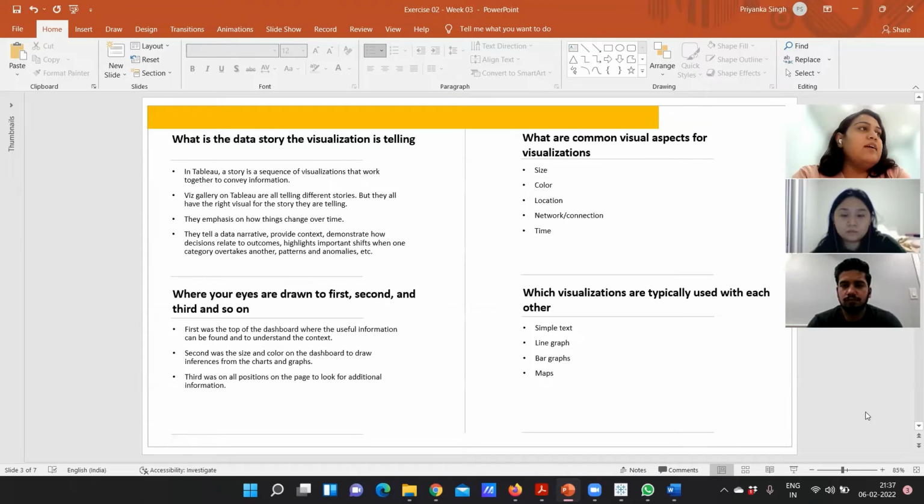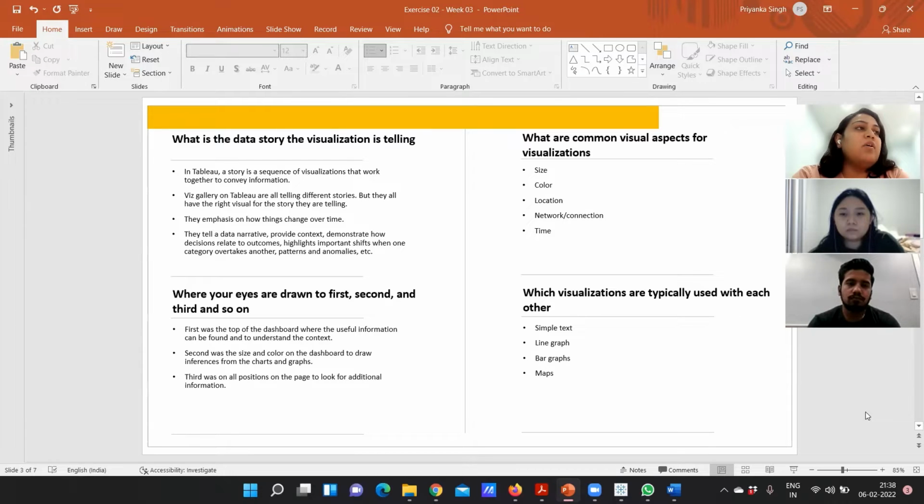Moving over to the next slide, it's about what is the data story the visualization is telling. So in Tableau, a story is a sequence of visualizations that works together to convey information. The Viz Gallery on Tableau has many dashboards, and all of them are telling a different story, but the common thing is that they have the right visuals for storytelling.